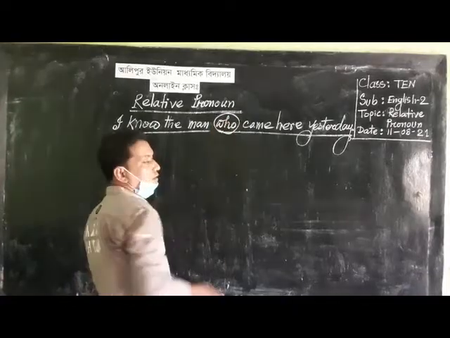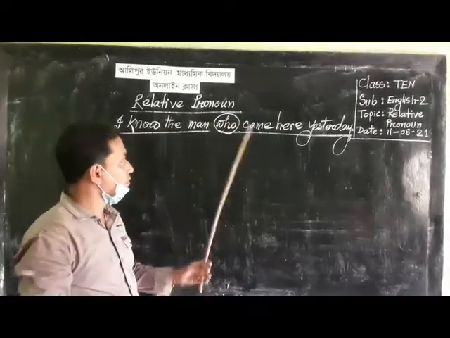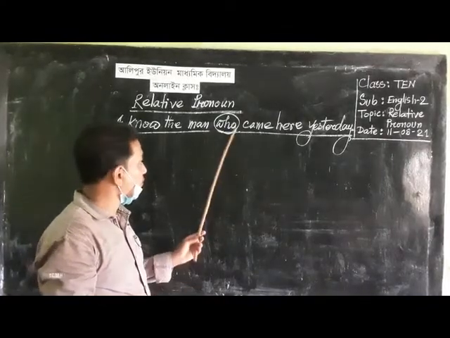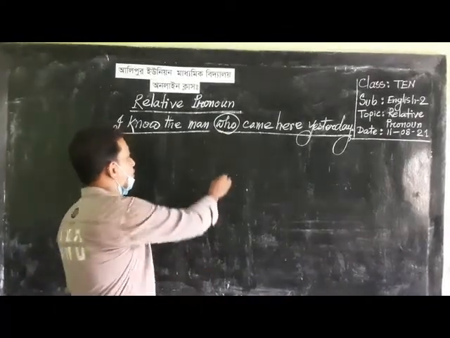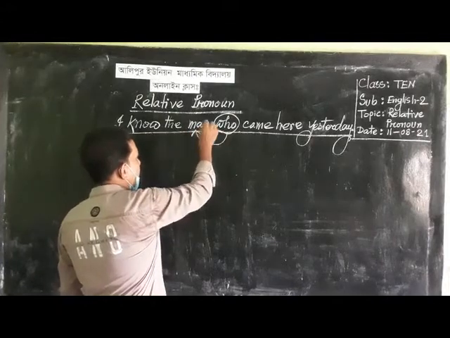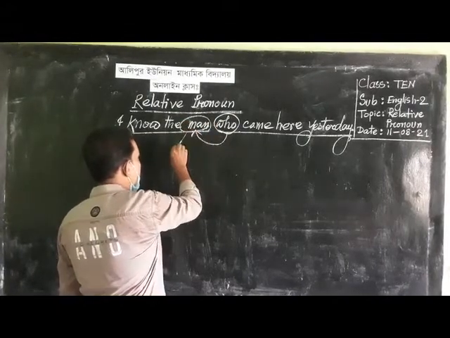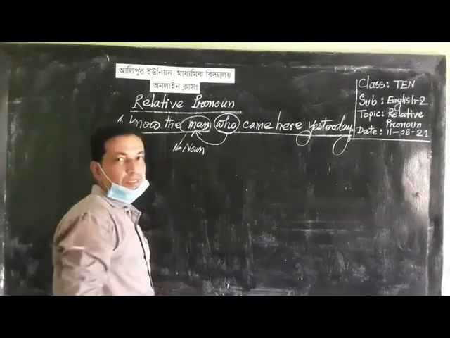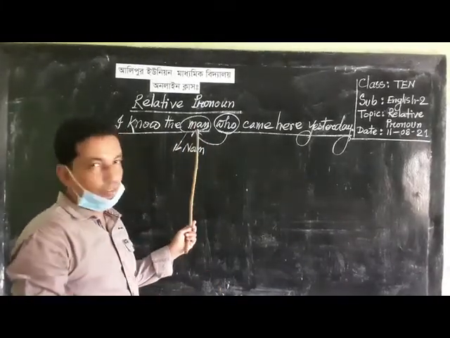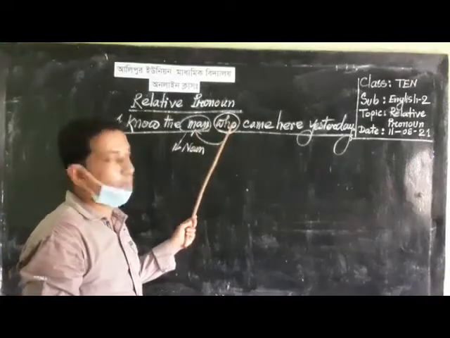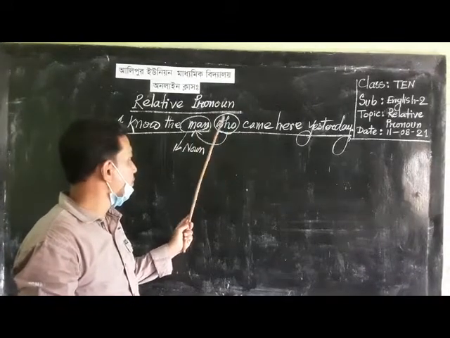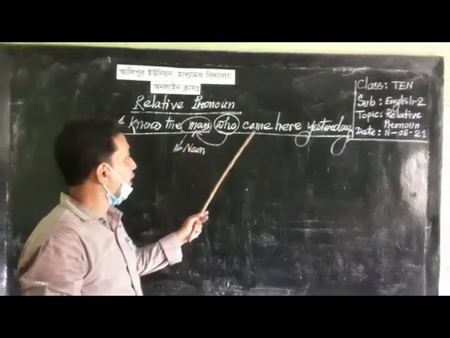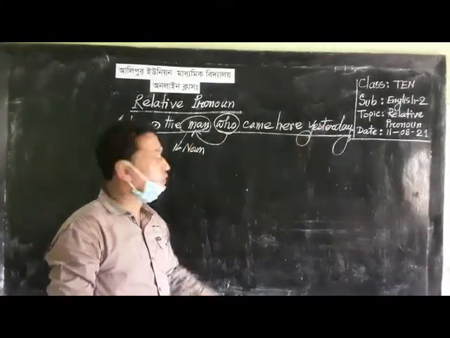Who is a relative pronoun, because who refers to the noun man. Man is a noun previously mentioned before the relative pronoun, and at the same time who joins the clauses I know the man and came here yesterday. The two clauses.